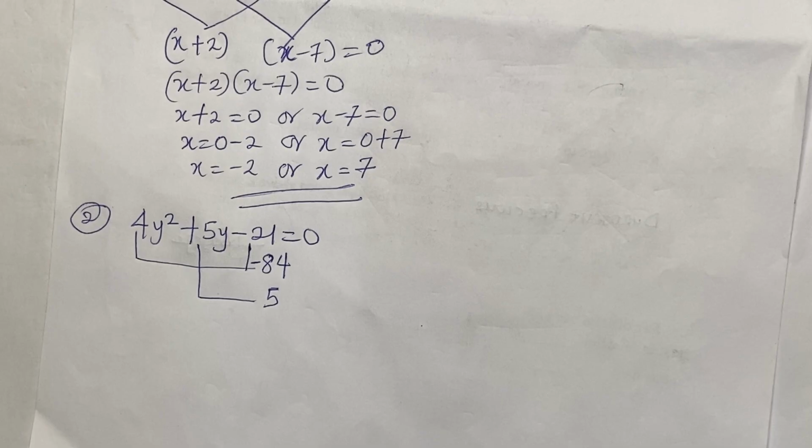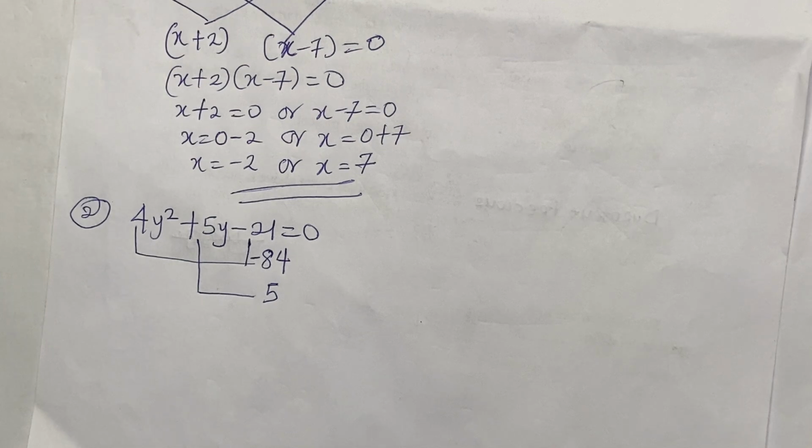Numbers you multiply together that will give you 84, and when you add them, you will have 5.